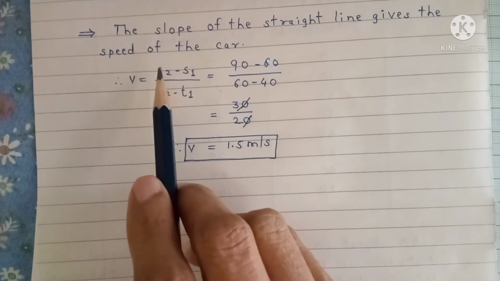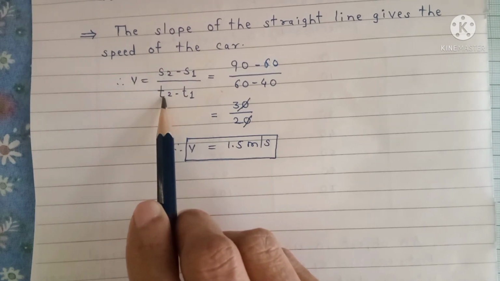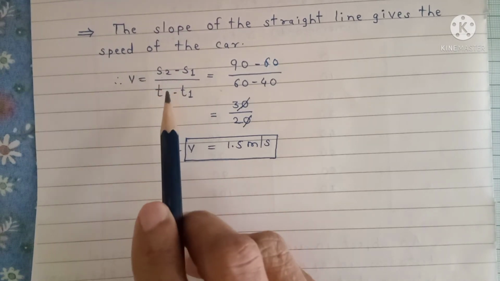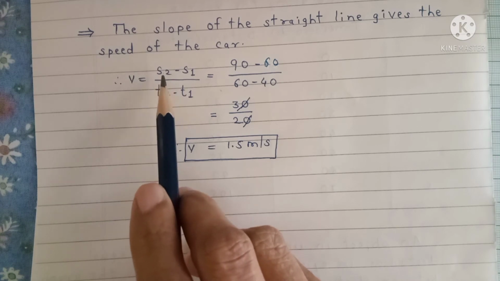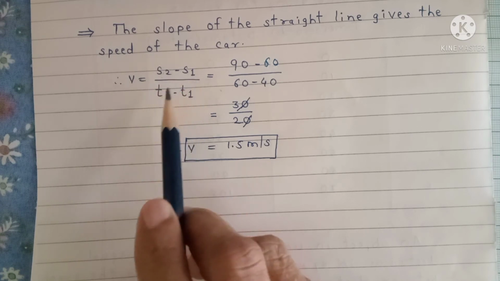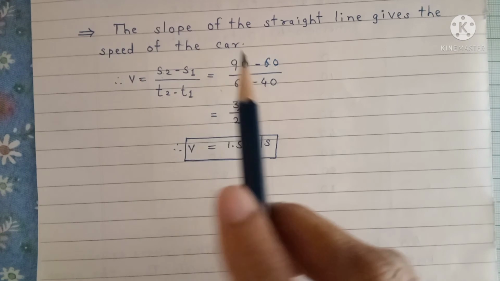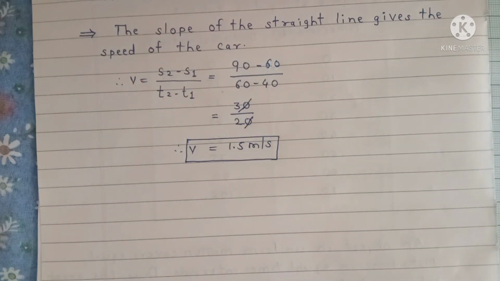S is nothing but distance and t is nothing but time, children. So I have taken s2 minus s1 upon t2 minus t1. Here s2 and t2 are the bigger numbers, and s1 and t1 are the smaller numbers.